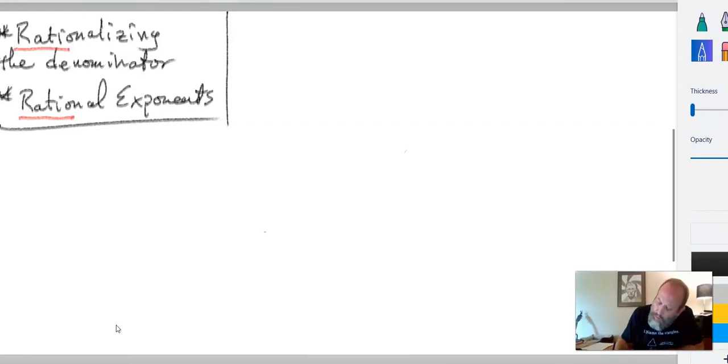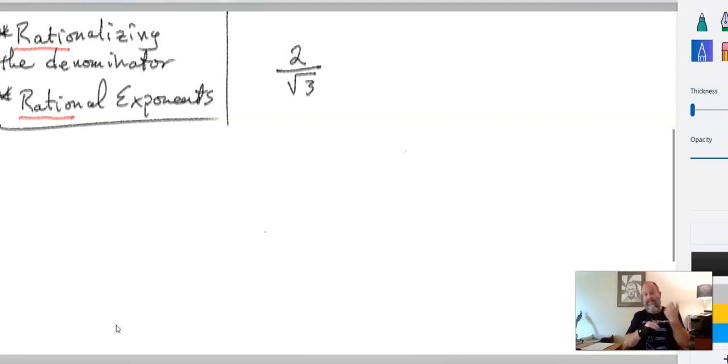So when we're talking about rationalizing the denominator in the context of roots, what we're talking about is taking something that looks like this and getting rid of the radical in the denominator, because radicals are not a rational number.